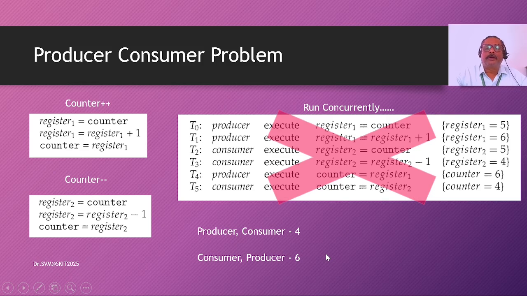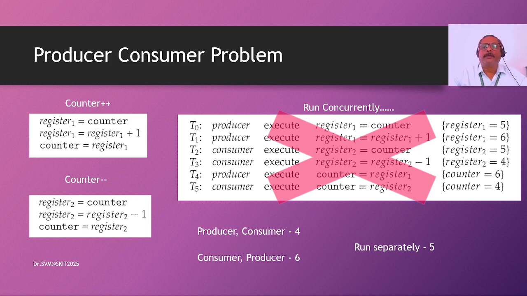The value in the counter will be 6. But if they are run separately, not interleaving like this, if all three instructions of producer are run first, then counter will become 6, and all 3 instructions of the consumer are run next, then finally it will become 5.